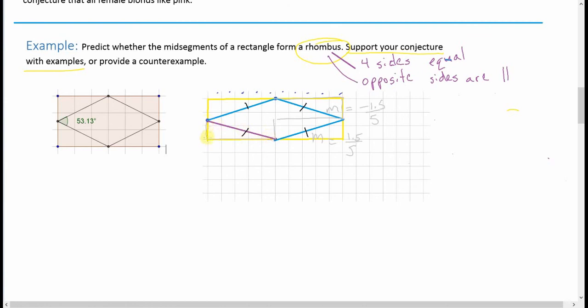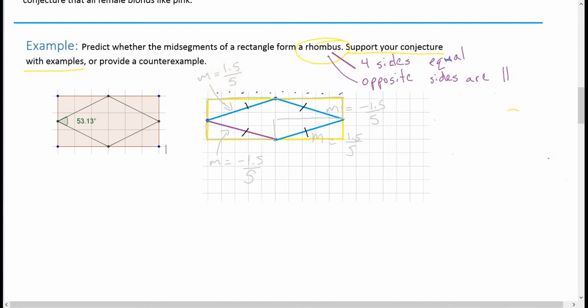This one is down 1.5 and over 5. And the slope here is up 1.5 and over 5.